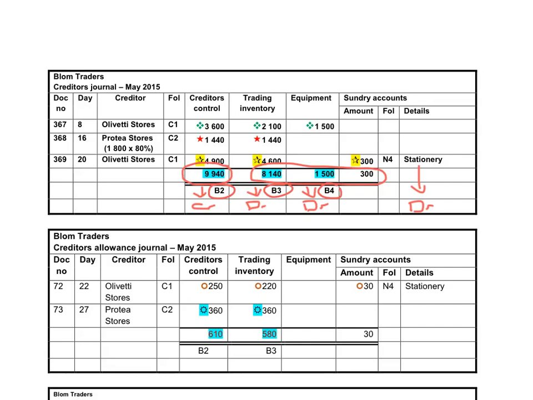If it's an amount in the sundries column, I will show the folio number between the amount and stationery. As soon as we enter something in the sundry column, these two are twins. We have to show the amount and the ledger account that it would be posted to.